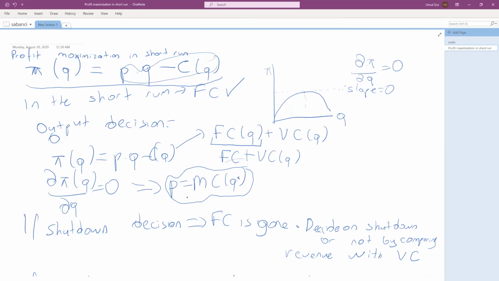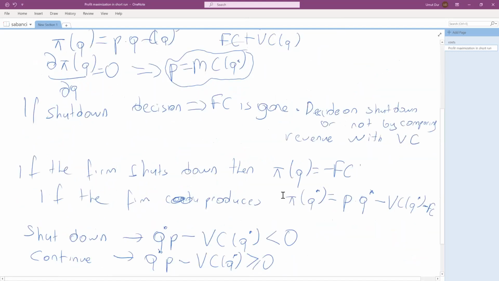It doesn't affect your shutdown decision. What affects your shutdown decision is basically the difference between the revenue and your variable cost.